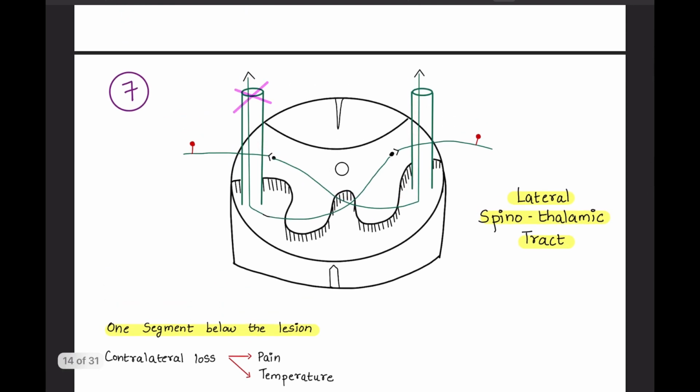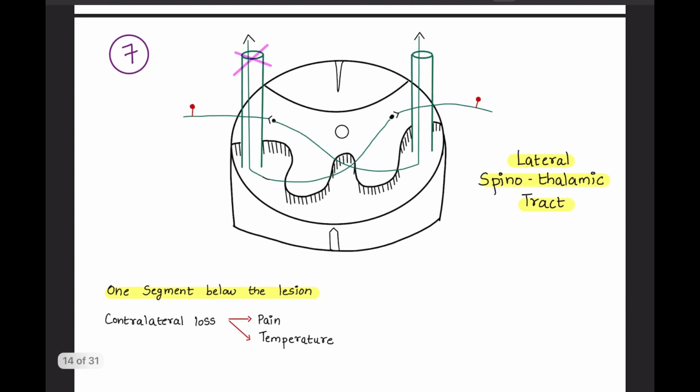So if there is a lesion on the right side of this tract, what happens? The clinical features will be seen on the other side. So this is known as contralateral.